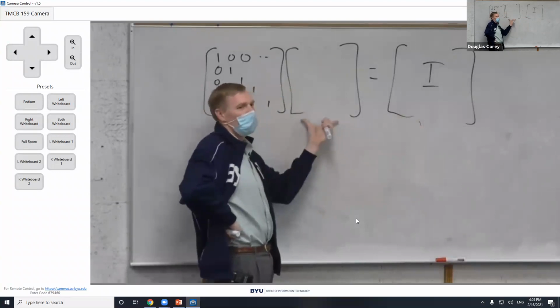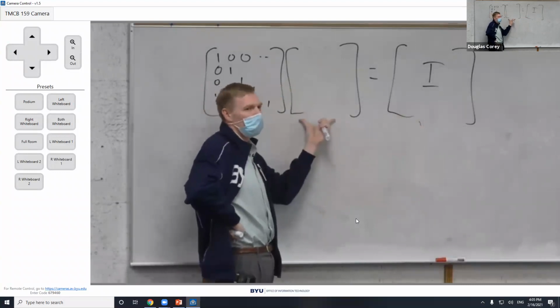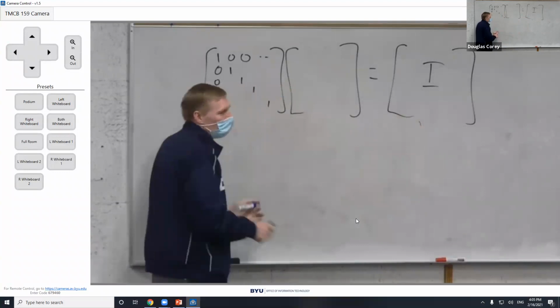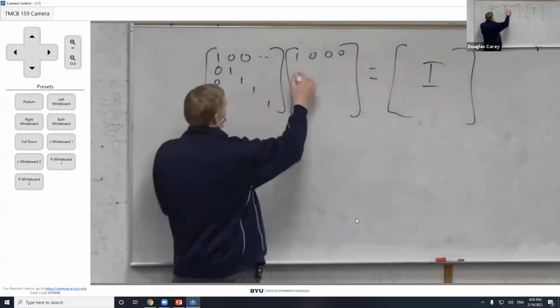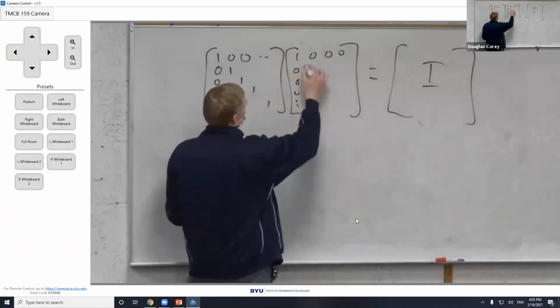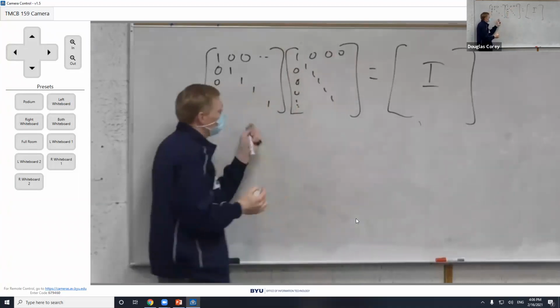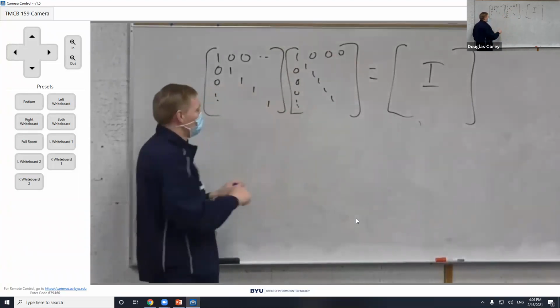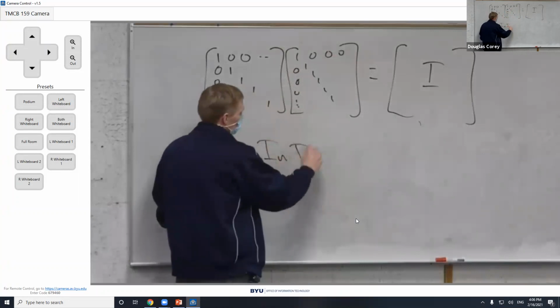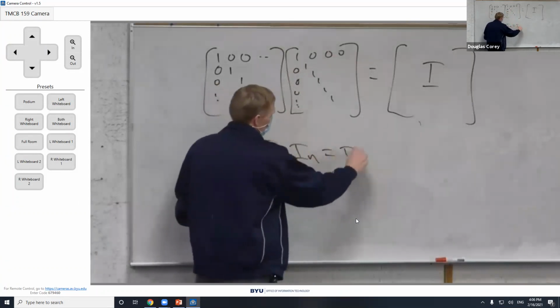So what matrix could I put here? The identity matrix. You could have another identity matrix. Just square it. So the identity matrix times the identity matrix is the identity matrix. So yeah, I_n times I_n is I_n.